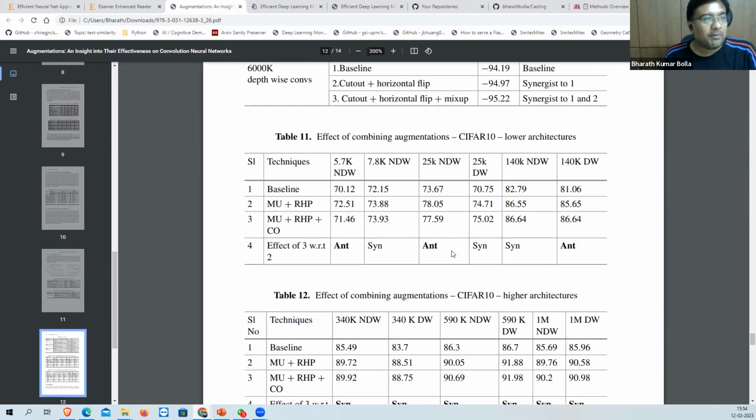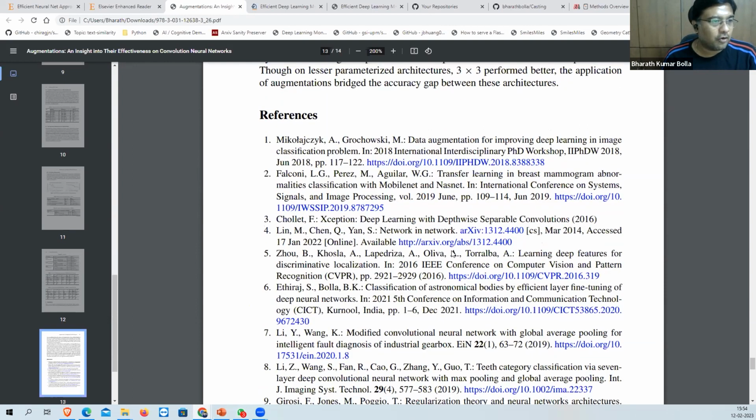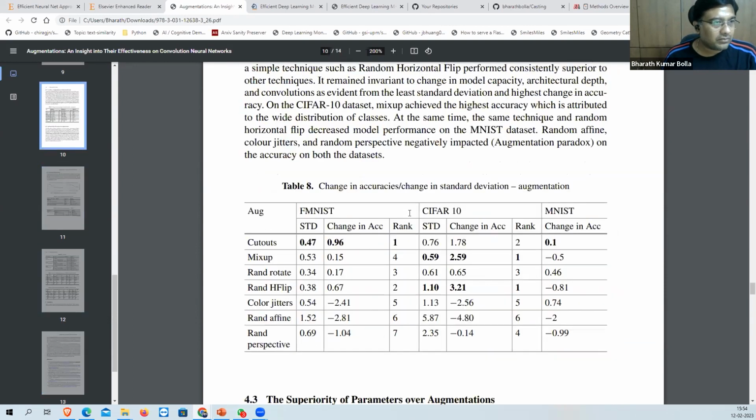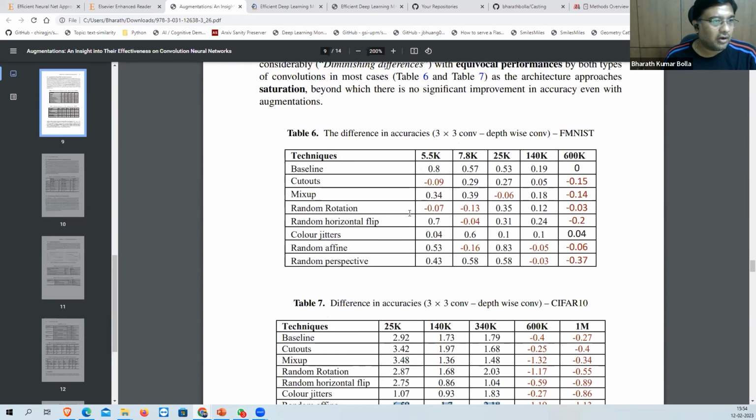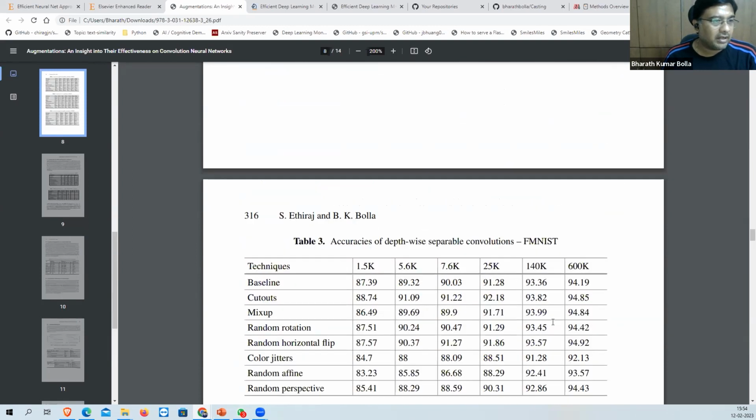The take-home message is what I wanted to show you here on FMNIST. The best accuracy we got on FMNIST is 94.92, with 600K parameters.